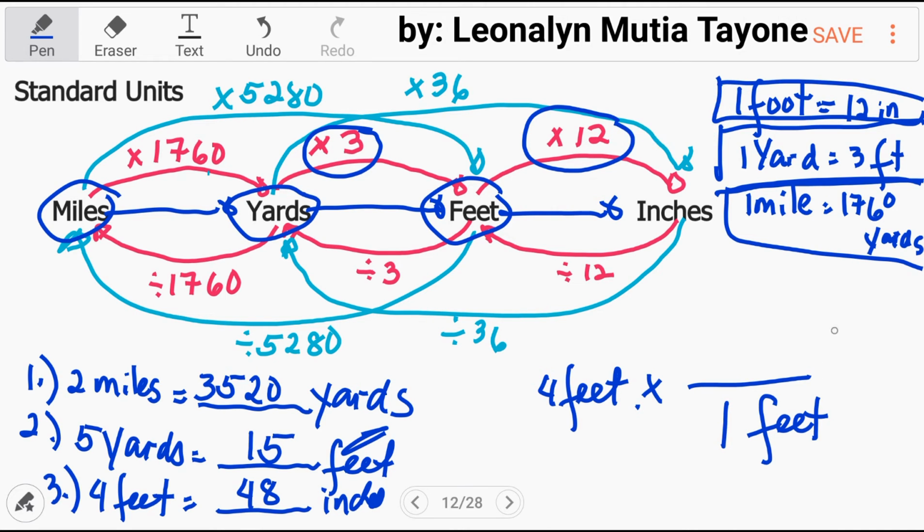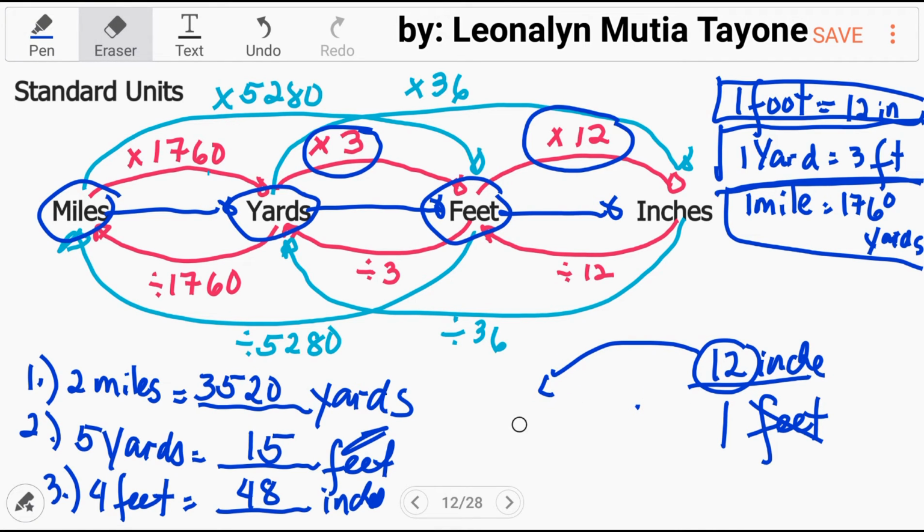So, this is 1. Ignore mo na lang yung feet at saka si foot, ha? Pareho lang yan siya. Foot kung isa lang. Kung more than 1, feet. Then, equivalent ni 1 foot ay 12 inches. So, matitira na lang kasi ma-cancel out na itong feet natin. Itong 12 na lang. 12 times 4 is equals to 48.